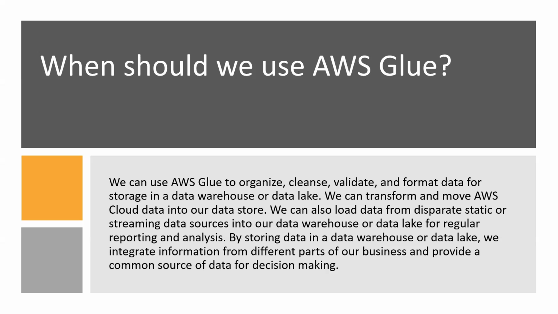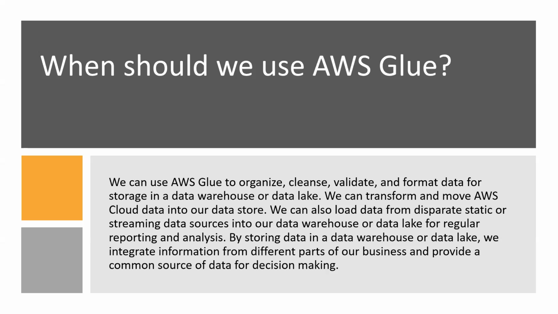We can use AWS Glue when we run serverless queries against our Amazon S3 data lake. AWS Glue can catalog our Amazon Simple Storage Service data, making it available for querying with Amazon Athena and Amazon Redshift Spectrum. We can create event-driven ETL pipelines with AWS Glue.